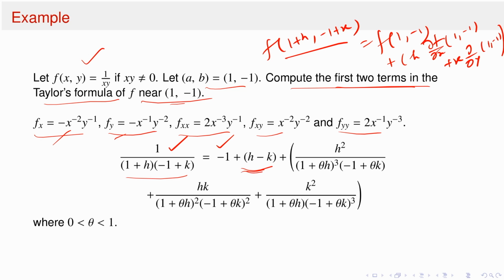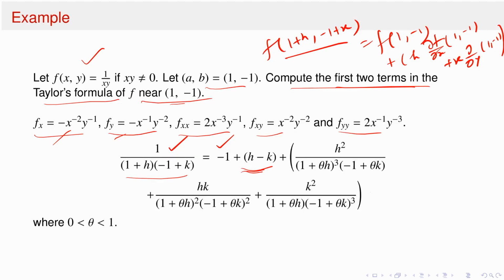That means the first derivative and the second derivative you have to compute. Second derivative is also okay: del 2f del x square plus del 2f del y square plus del 2f del y del x, or del x del y. But this time the mixed partial derivatives exist and are continuous, so it does not matter; if you calculate any one mixed partial derivative it will be enough. That is what I have done.